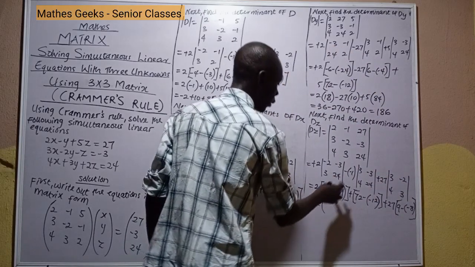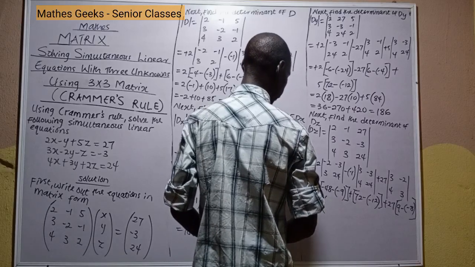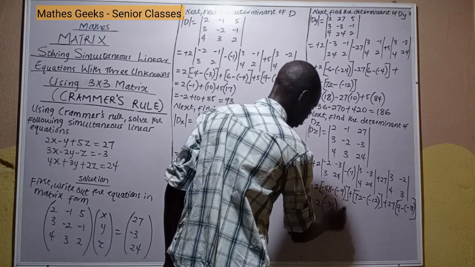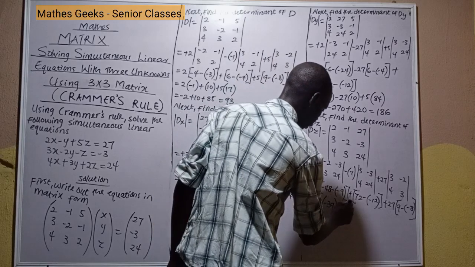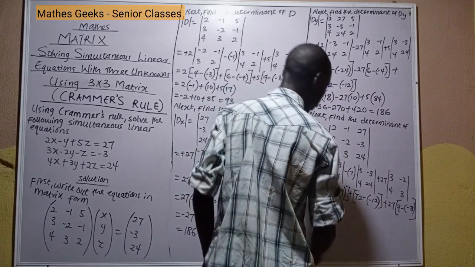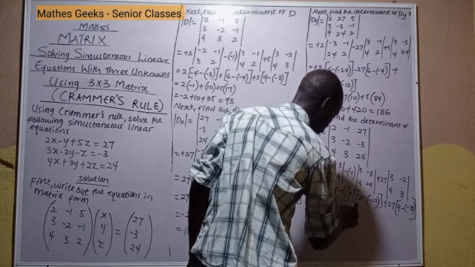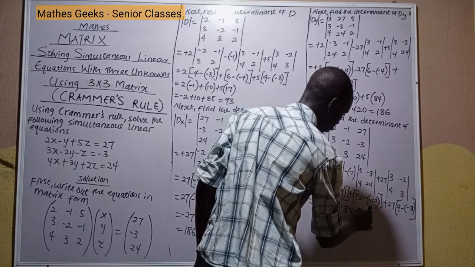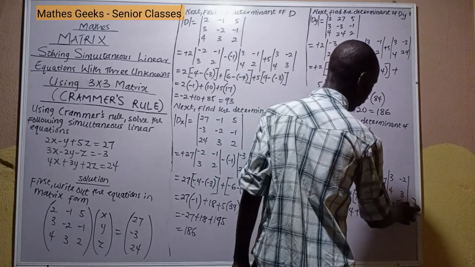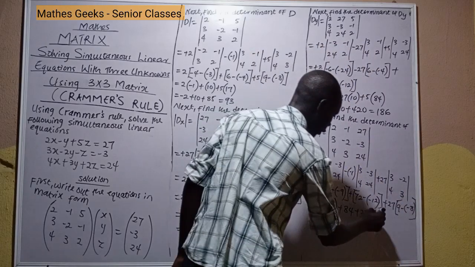Minus times minus is plus. Minus 48 plus 9 is minus 39, plus minus times minus is plus 72 plus 12 gives us 84, plus 27 minus times minus plus 9 plus 8, 17.